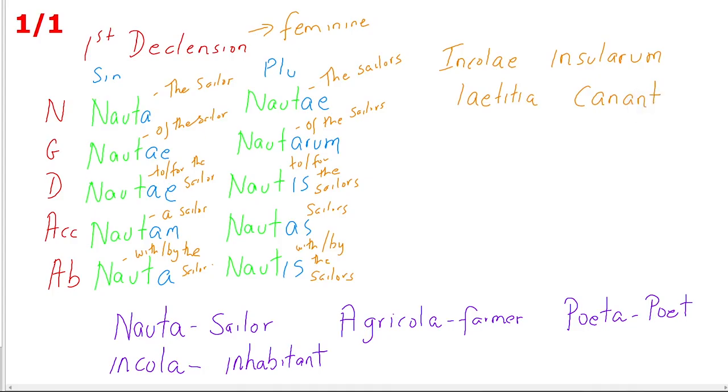Okay, so let's quickly go to the dictionary and find the meanings. Okay, what is incola? Incola we know is inhabitant. Then insula, insula is island.